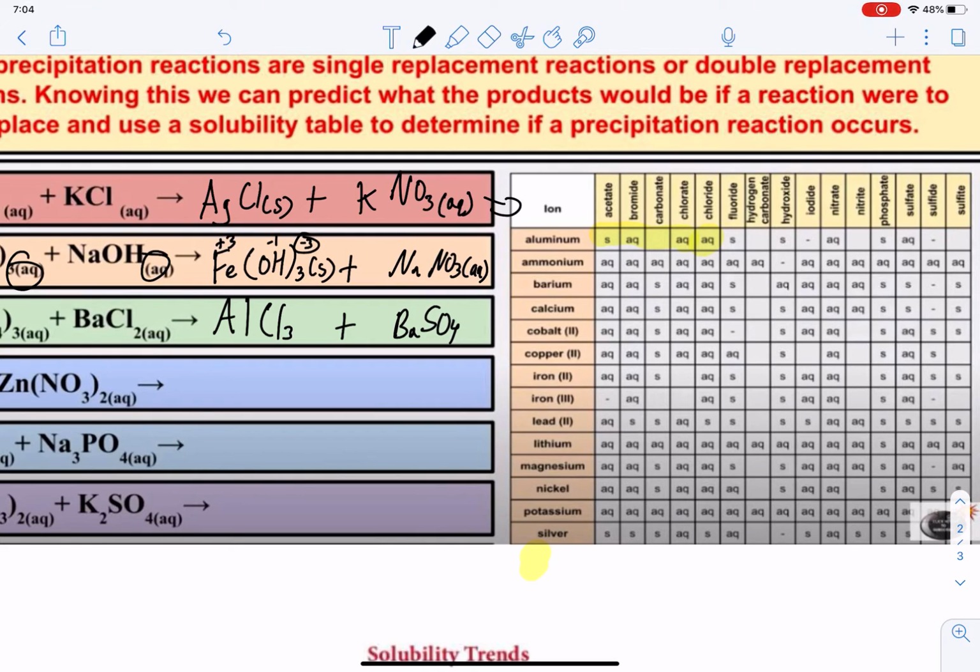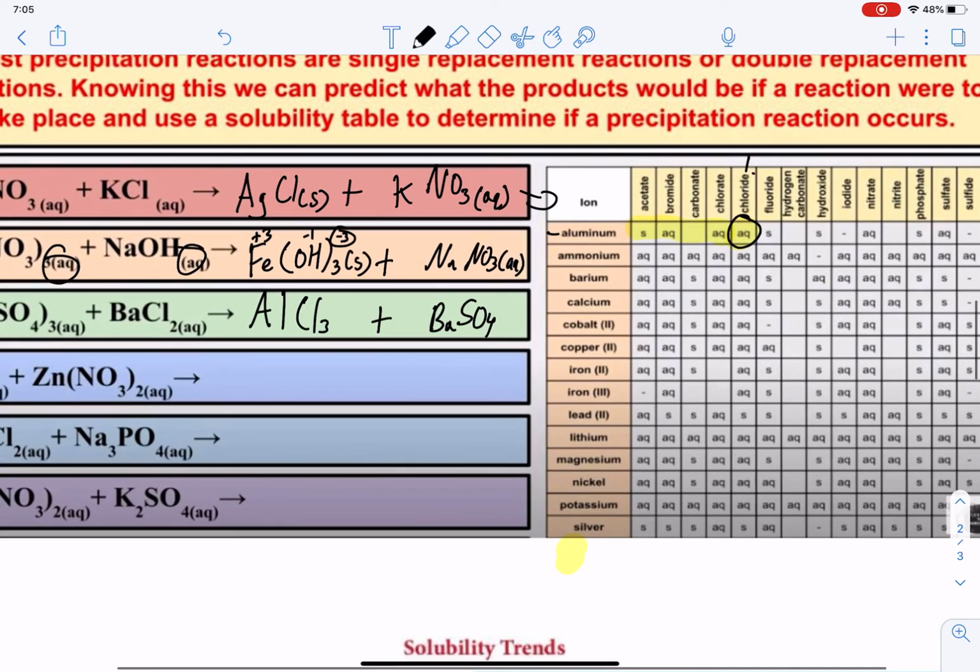That's aqueous, right? We found chloride there. There's aluminum. Okay. Next is barium, which is right there. So barium sulfate. Sulfate is, there it is. And we go down, this goes over, and there is our precipitate.